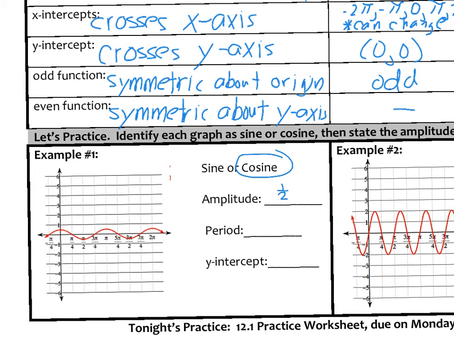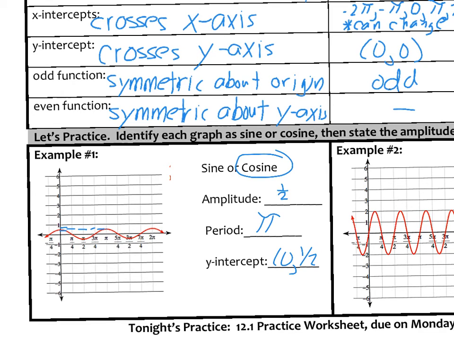So half of 1 is 1/2. The period is going to be pi, and the y-intercept is 0, 1/2. Okay, and it is pi because it starts at 0 and ends at pi there. It took a full pi cycle to reach that 1/2.